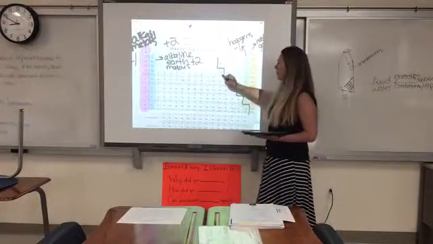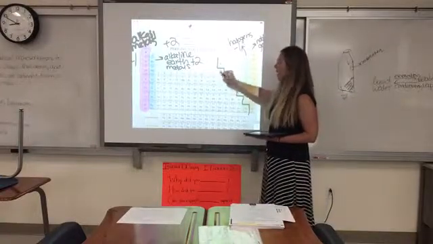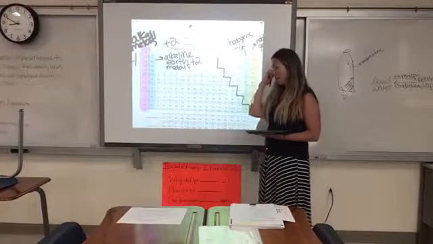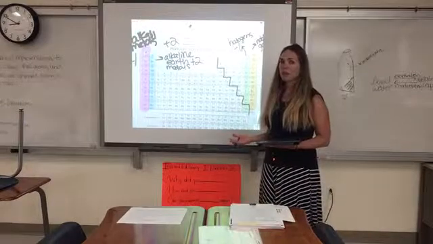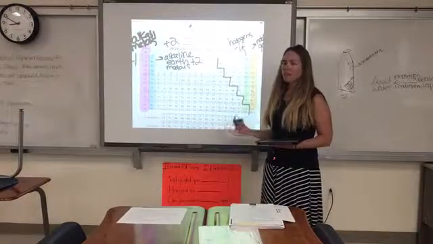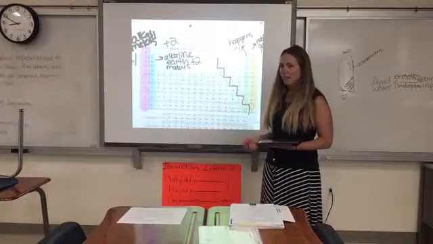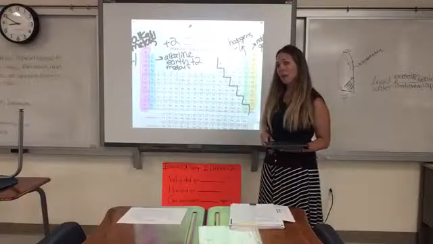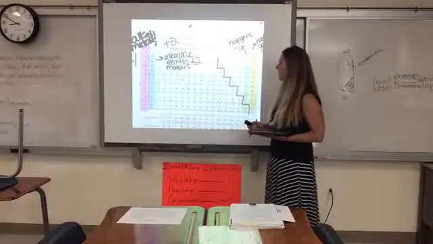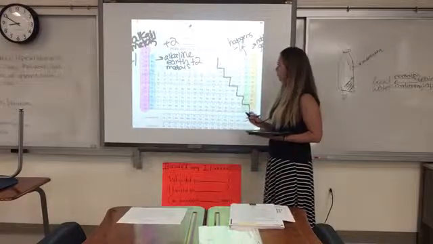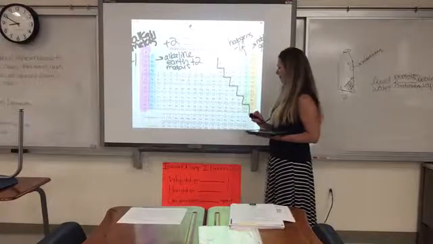But aluminum, for example, is technically on the staircase. However, as you know from daily experience, aluminum has all the properties of a metal. So even though it's on the staircase, it still gets classified as a metal because that's how it behaves. Okay? So that is our rundown on the names of the groups and some qualities on the periodic table.